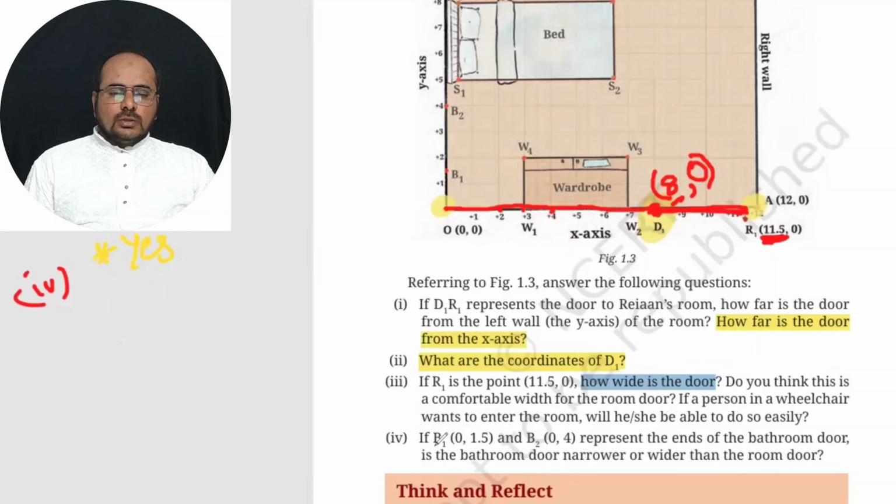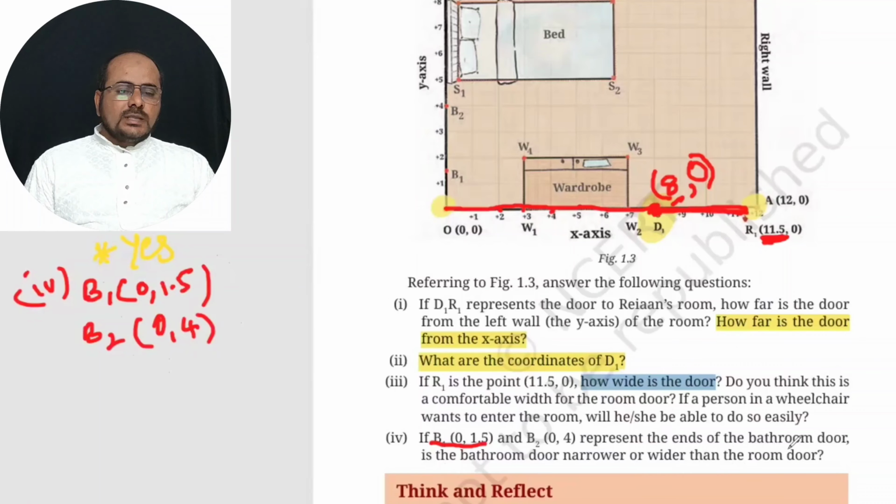Now come to the fourth question. Here B1 is given as the point (0, 1.5). The next one is the B2 point (0, 4). They represent the ends of the bathroom door. Is the bathroom door narrower or wider than the room door?